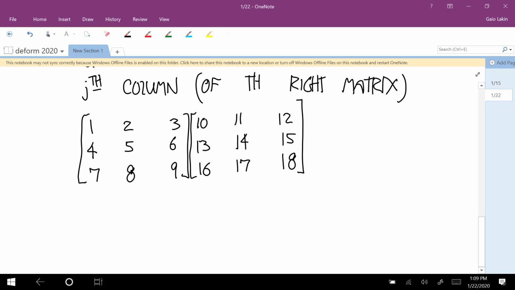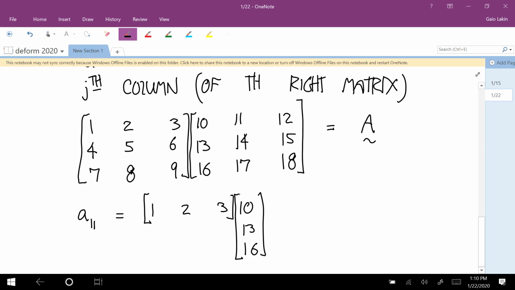Okay, so let's say that this is going to be a matrix A. To calculate the element A11, that's going to be 1, 2, 3, dotted with 10, 13, 16. And if I did that calculation right, that gives 84, I think.